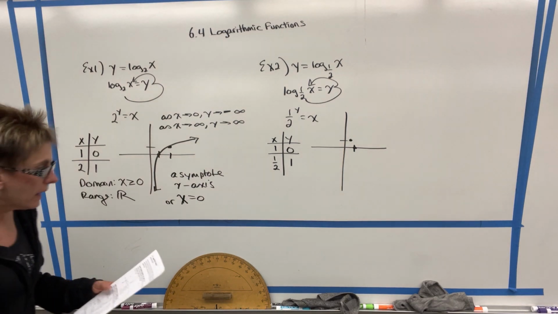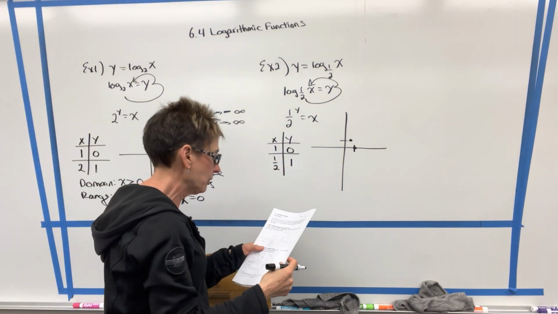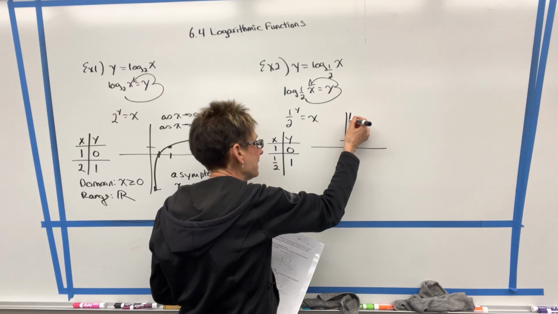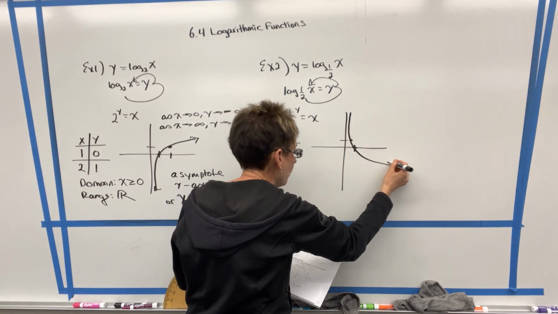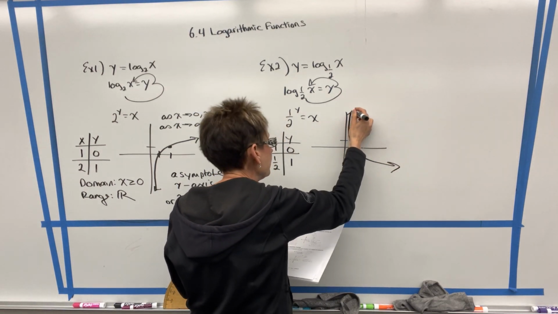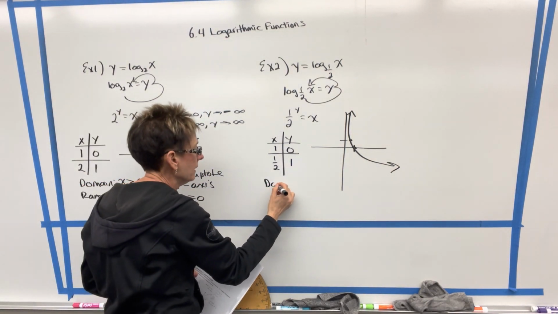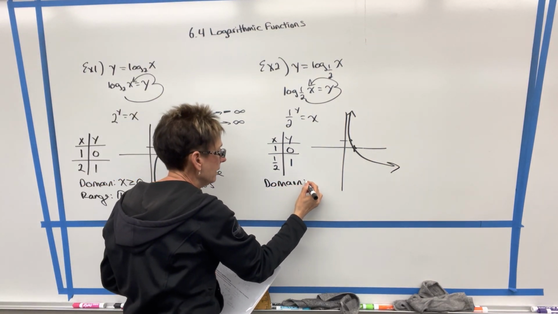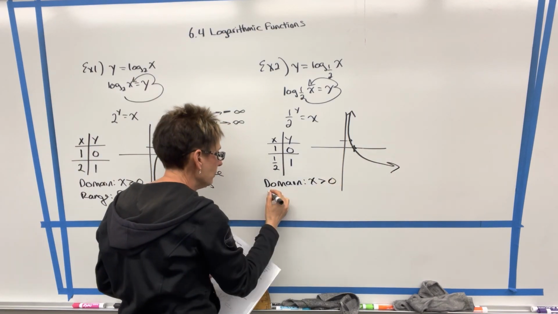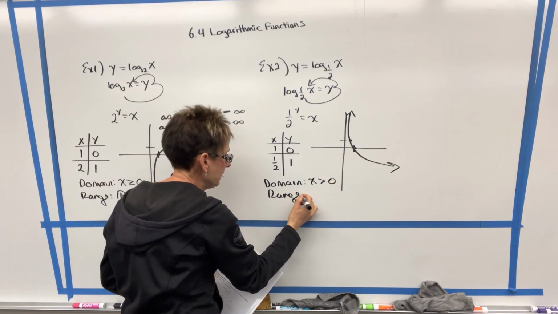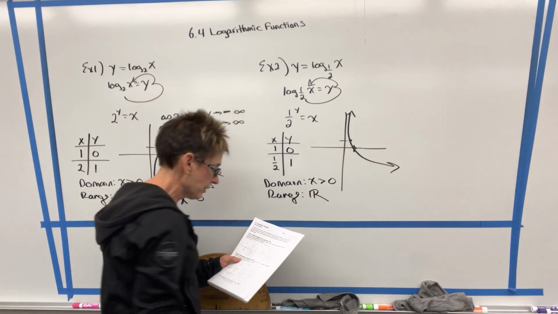All right, back to example number 2. This one is kind of flipped here. So we're going to say that the domain is, again, x greater than 0. The range is, again, all real numbers.